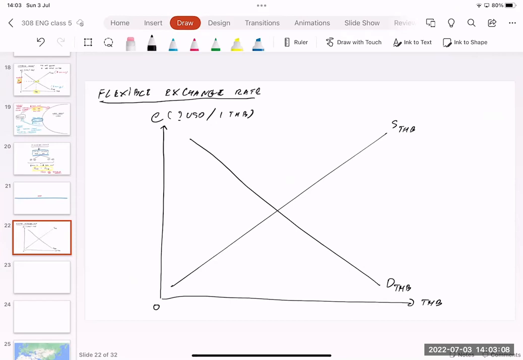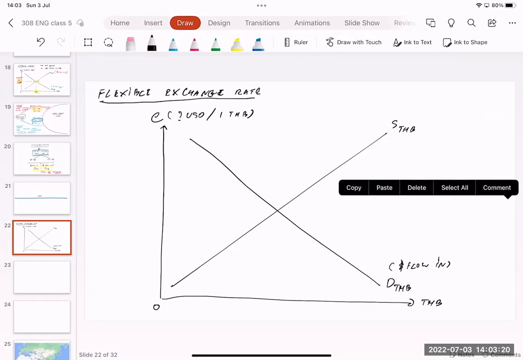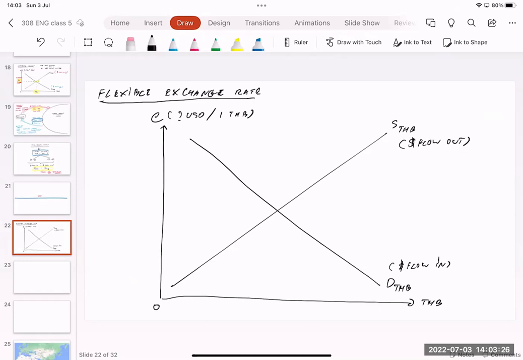As you know, demand for Thai baht is any activity that makes money flow into our country. Supply for Thai baht is any activity that makes money flow out of the country. When money flows in, you need to buy Thai baht. When money flows out, you need to sell Thai baht.